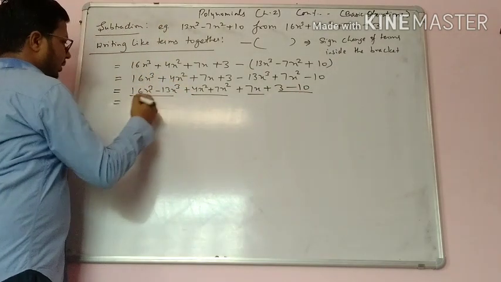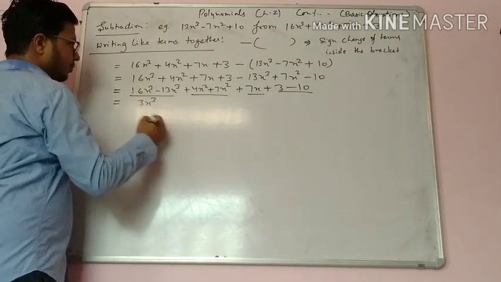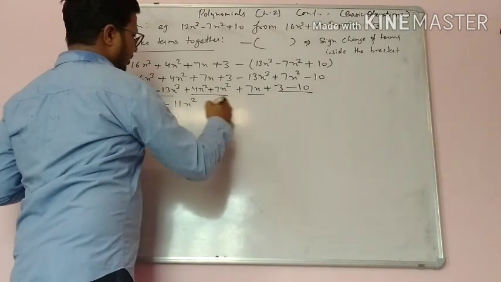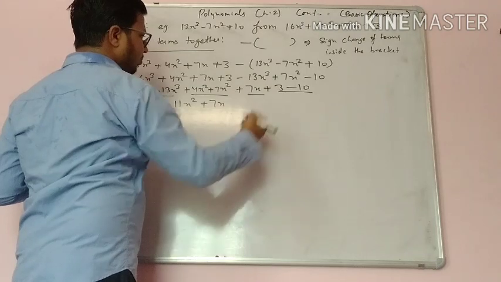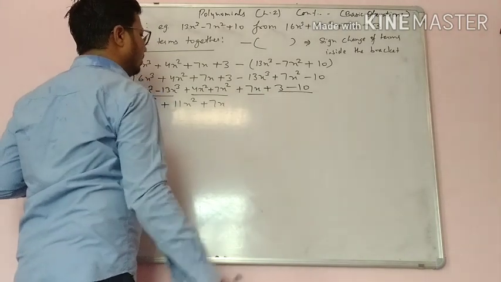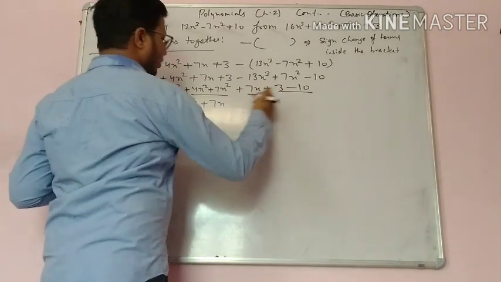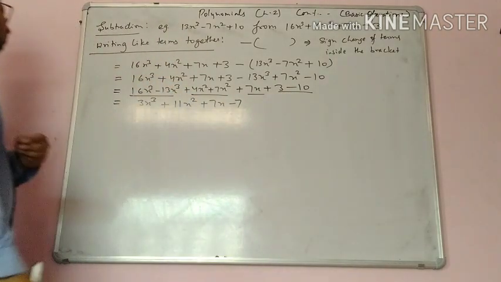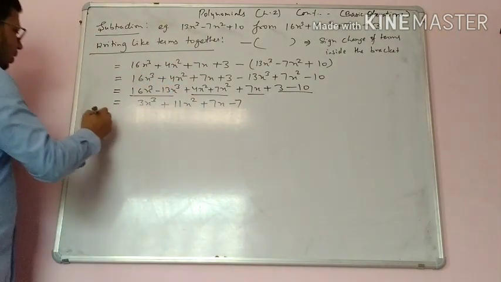Now 16 minus 13, 3x cube, plus 4 plus 7, 11x square, plus 7x will remain the same, plus 3 minus 10 is equal to minus 7. Now see the column method.